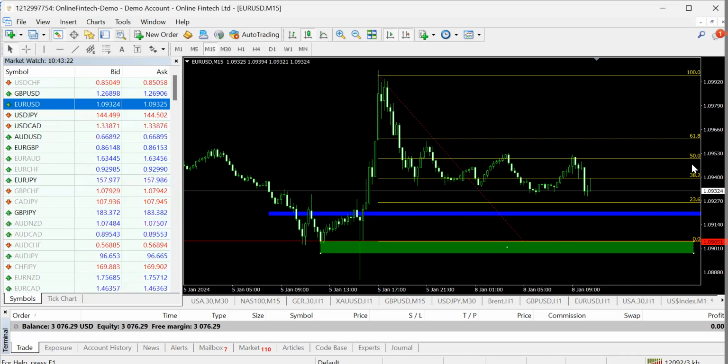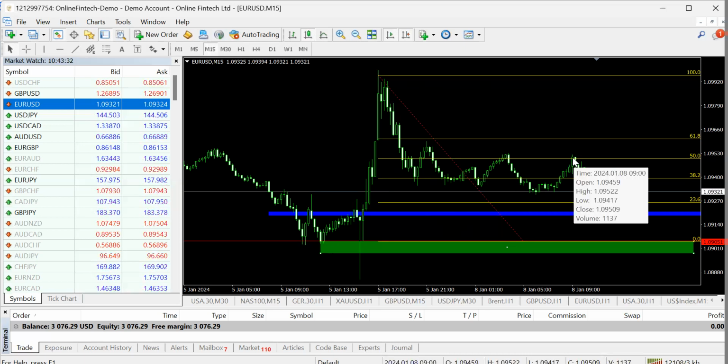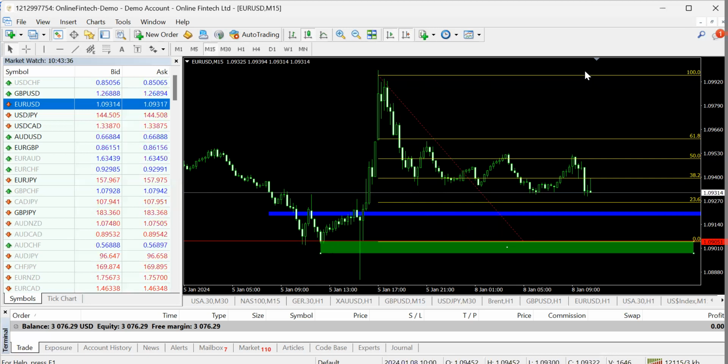The 50% level means once the market fails to break above 50%, there's no possibility that the market will go up to 61 or to 100. So the market needs to break this level so that this instrument can show us that the next possible move is a buy, right?